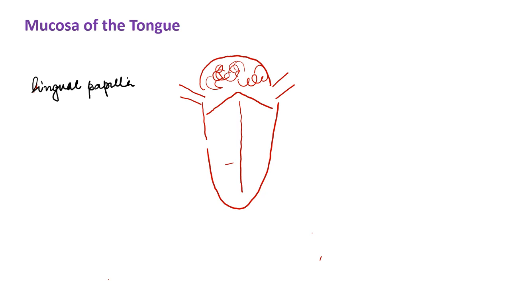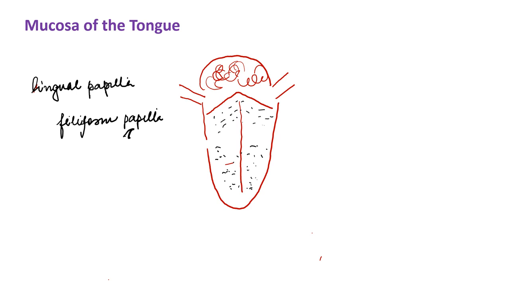The most widespread is the filiform papillae. These filiform papillae are cone-shaped. And these are the ones which are present all throughout the tongue. Anteriorly, they are more transversely placed. Posteriorly, and I'm talking only about the anterior two-thirds, they are placed in the same direction, in the same plane as the sulcus terminalis.